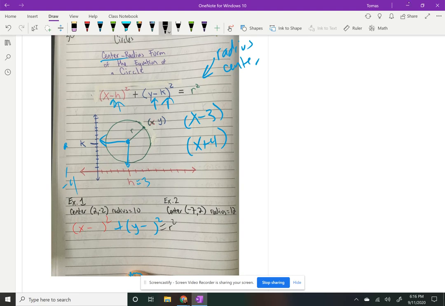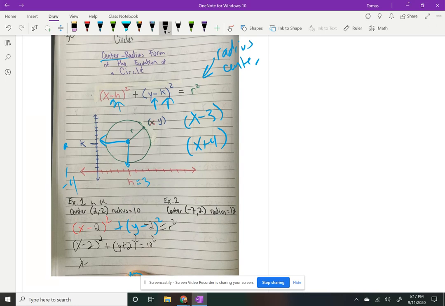So in this case, this is our h and this is our k. So right here, we would put a 2, and right here we would put a negative 2. This would be x minus 2 squared. But over here, because we have two negatives, this would be y plus 2. And our radius was 10, so it would be 10 squared.